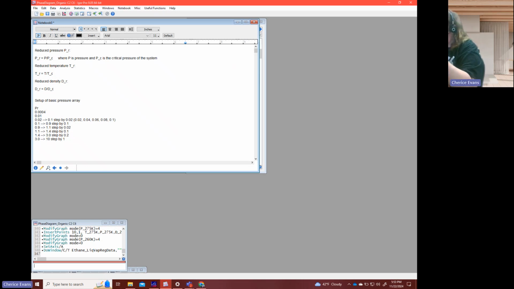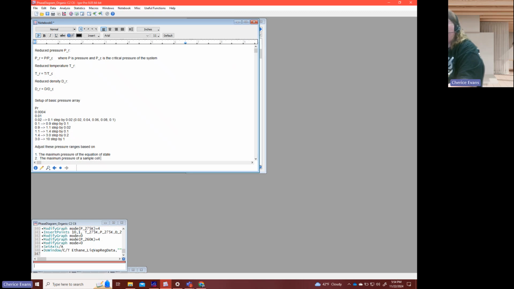I'm going to make adjustments to this based on two things. I'm going to adjust these pressure ranges based on one, the maximum pressure of the equation of state, and two, the maximum pressure of a sample cell.